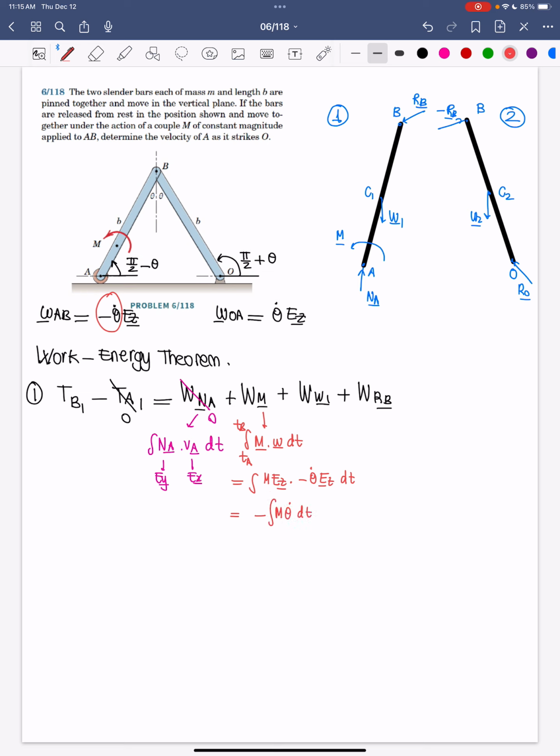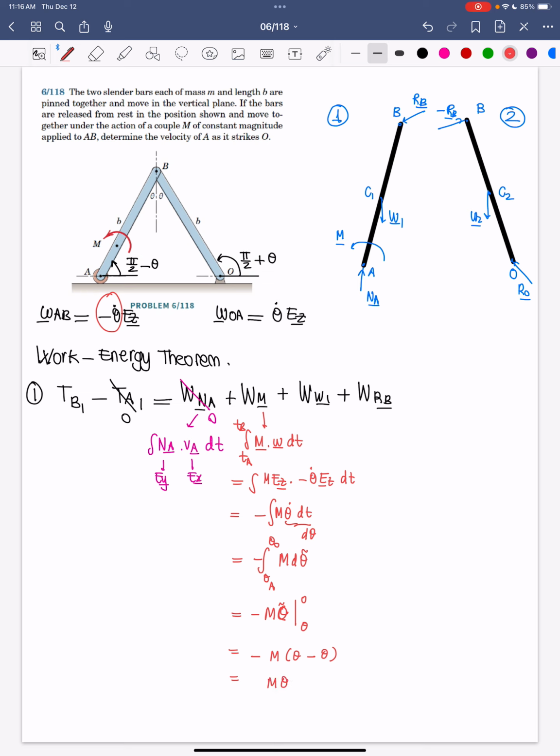I can write theta dot dt as d theta, so now the integral is minus M d theta from theta at A minus theta at 0. So theta at A is the theta that's given, so theta tilde, just to change the value, 0 minus, so that's minus M times 0 minus theta tilde, so M theta tilde.